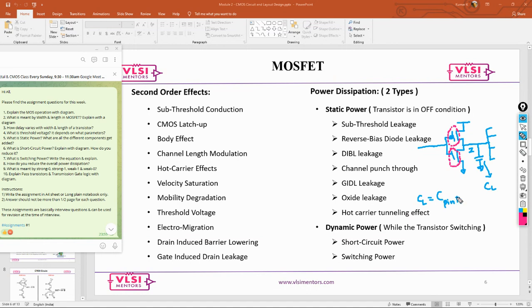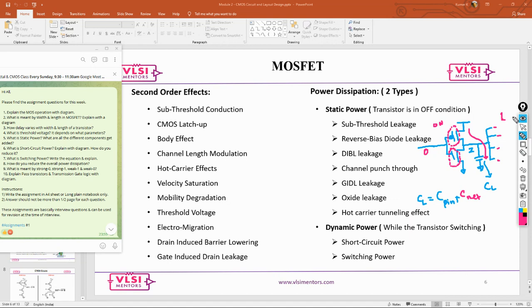C pin plus C net, the net that you are going to route. So when you say 0 here, your output PMOS is going to be on, and it is going to charge this load cap. Now that is basically charging.